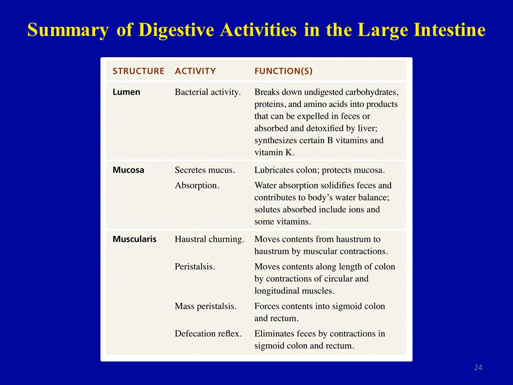And also the mucosa undergoes absorption, mainly water absorption. This will solidify fecal material and contributes to body water balance. Solutes are also absorbed, including ions and some vitamins. The muscularis, muscle layer: haustral contractions, peristalsis, mass peristalsis, and defecation reflex.